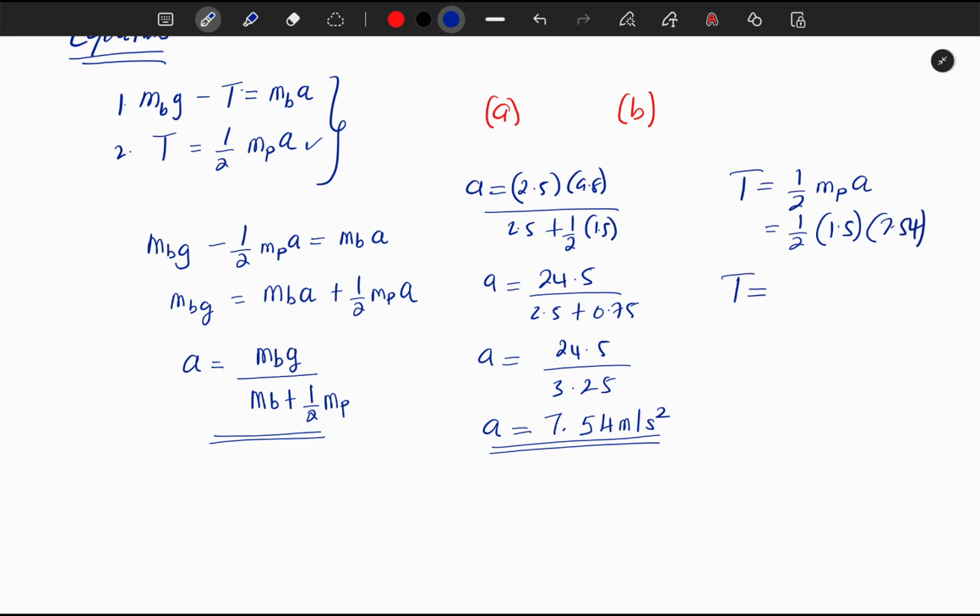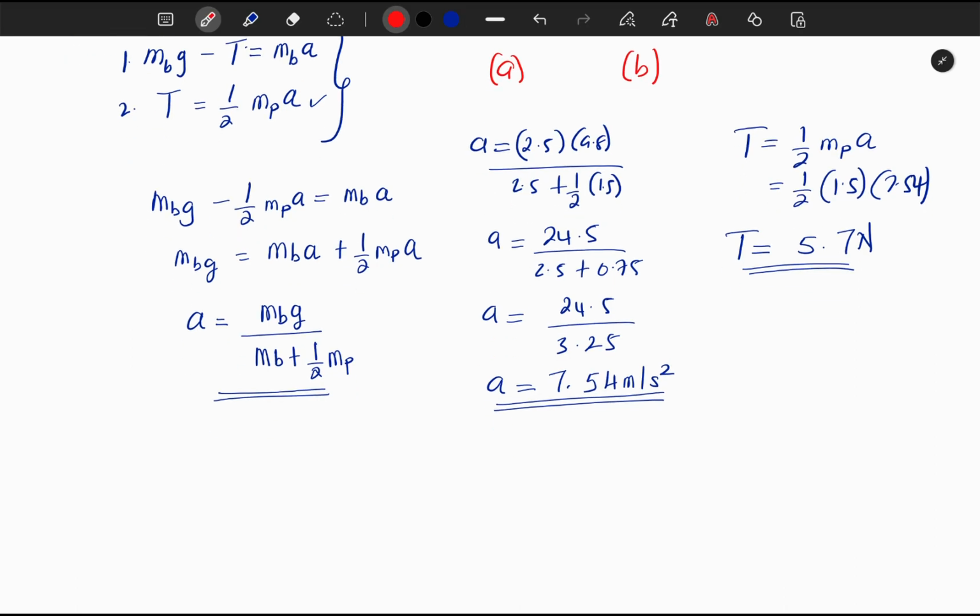Let's get our calculators, please. So I'm getting 5.66, which is just 0.6. Can you just leave it to 7? It's fine. Newtons. That becomes our tension.